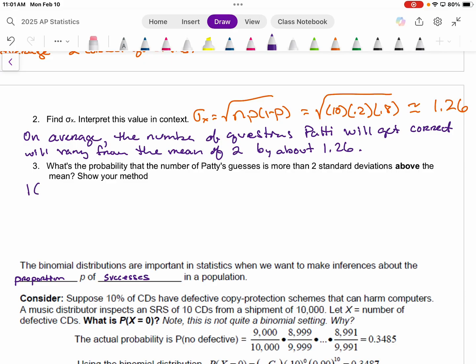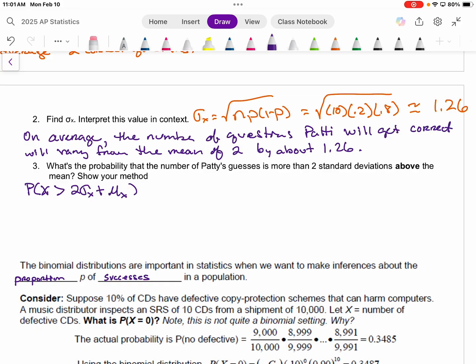What's the probability that x is greater than 2 times the standard deviation of x above, meaning plus, the mean? We have to figure out what number represents 2 times the standard deviation, and then add that value to the mean. That's what we want to find the probability of, that we're greater than that number.